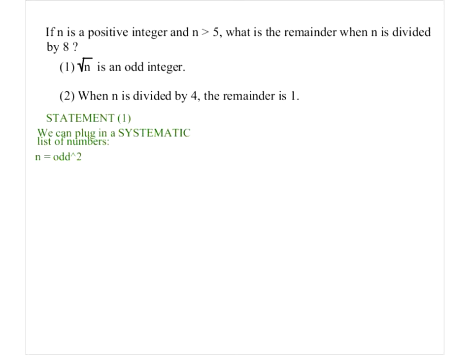So that means it's very easy to come up with a systematic list of possible n's. So n could be 9, it could be 25, it could be 49, it could be 81, it could be 121, it could be 169, etc. This is a lot of plug-ins, but you guys get the idea. You make a smiley face if you understand where this list comes from.